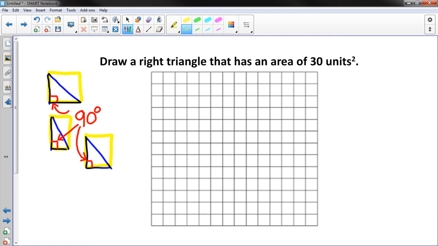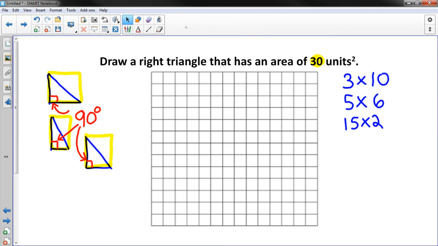So I have 30 units. So a lot of things equal 30. 3 times 10, 5 times 6, 15 times 2. Well, I'm going to use 5 times 6. So let's get started here. 1, 2, 3, 4, 5, 6. That has a length of 6, or a base of 6.